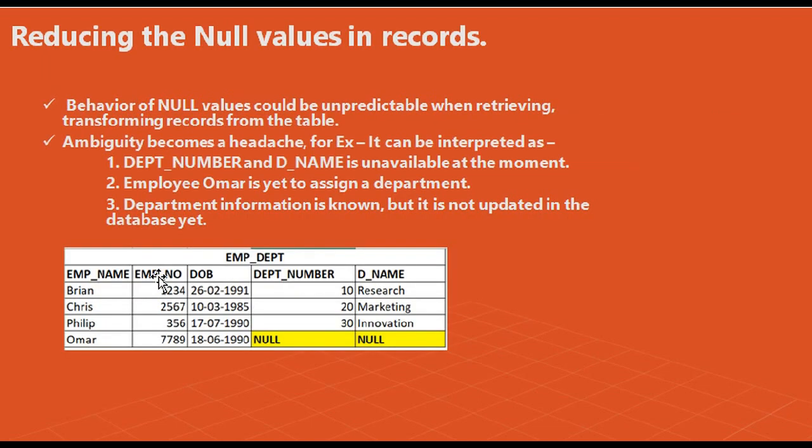To be honest, null has a very unpredictable behavior in nature. In a real life scenario, this null means that department number and department name are unavailable at the moment, or it can be interpreted as employee Omar is yet to be assigned a department, or department information is known but it is not updated in the database yet. So it basically becomes ambiguous.